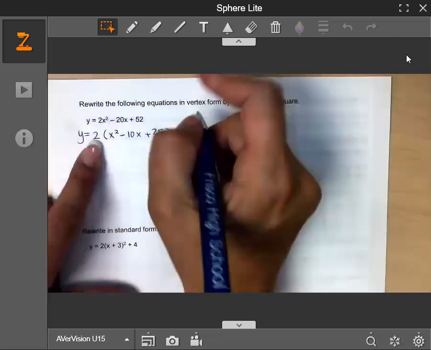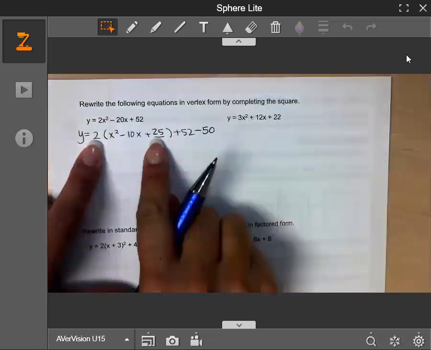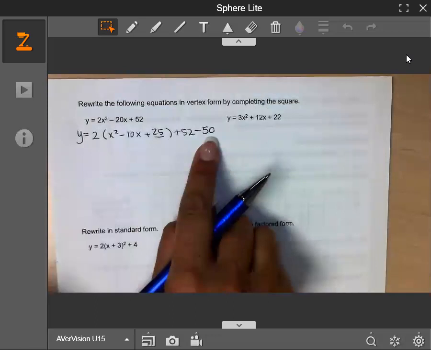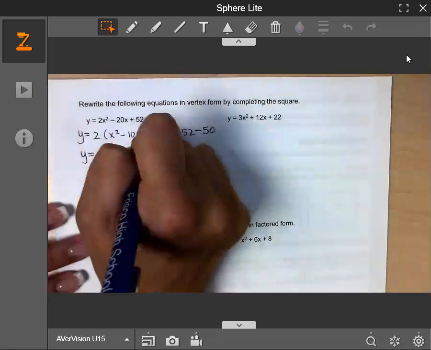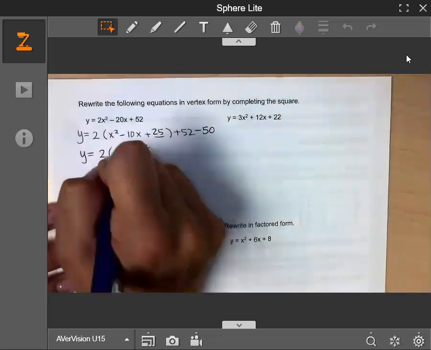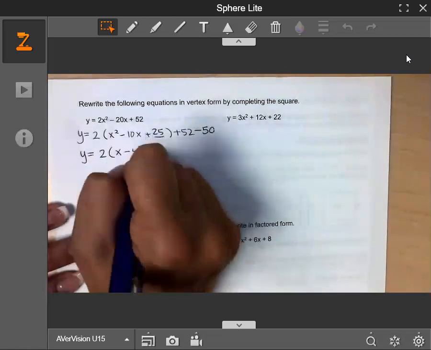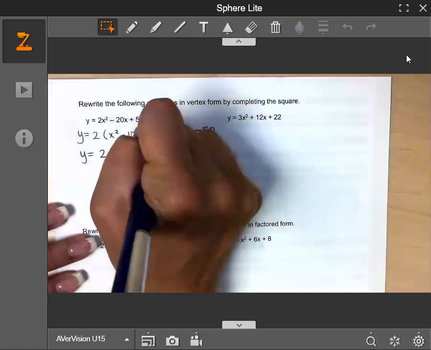So I need to subtract 50 from the equation. I added a value of 50, I subtract a value of 50. Now we are ready to factor. This is a perfect square trinomial, so it factors to be this b part divided by 2, so that's -5. And then 52 minus 50 is 2.